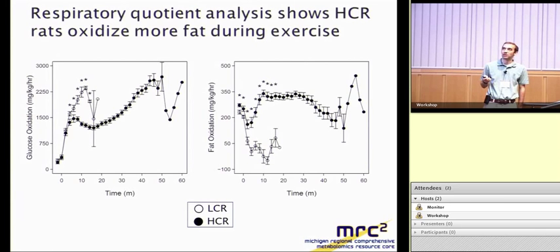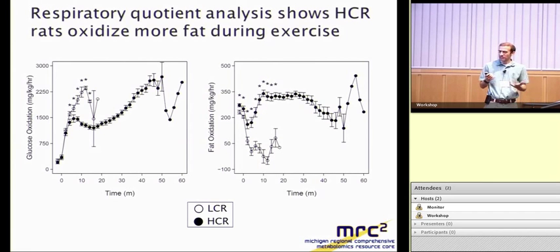It's still elevated compared to where it was at rest, but reduced compared to the LCR rats. And they can hold on to that for a longer period of time to maintain their fat oxidation. Eventually, their carbohydrate oxidation goes up. As intensity of exercise goes up, you tend to have to burn carbohydrates because fat oxidation just isn't as rapid at producing ATP equivalents as carbohydrate oxidation can be.